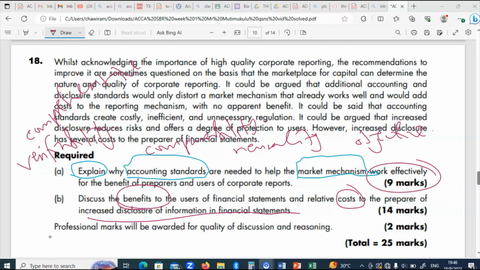Sometimes these disclosures are going to be costly to the company, such that the benefits are going to be outweighed by the costs. All right, there's also going to be some litigation risk. Okay, litigation.